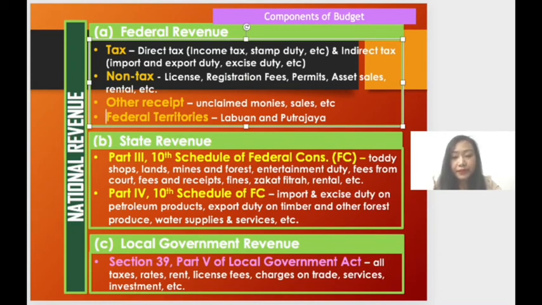And then next one, part 4, in the 10th schedule of FC, import and excise duty on petroleum products, export duty on timber and other forest produce, water supplies and services. And the next one, under local government revenue, in section 39, part 5 of Local Government Act, all taxes, rates, rent, license fees, charges on trade, services and investment.